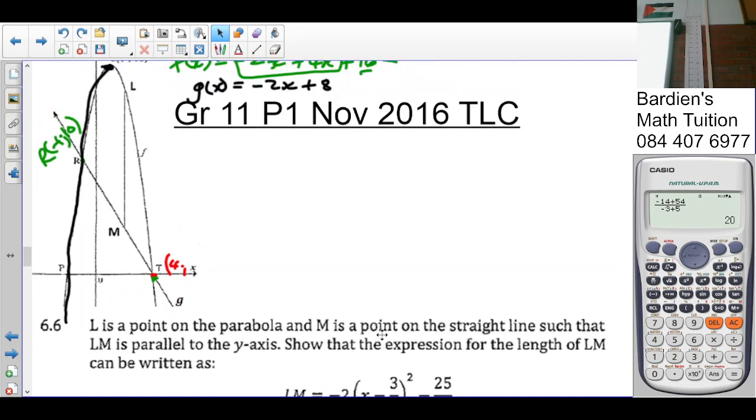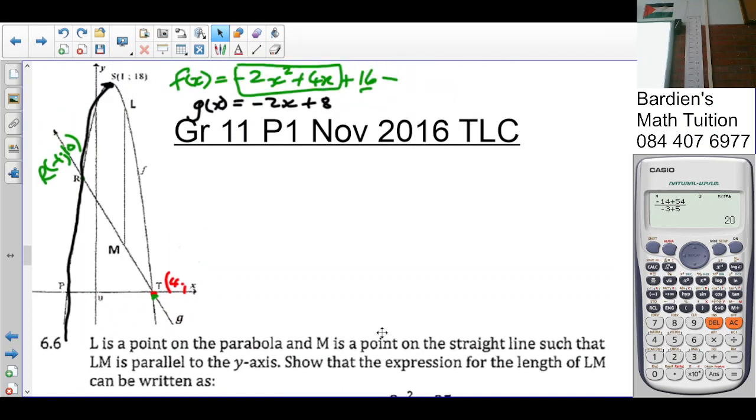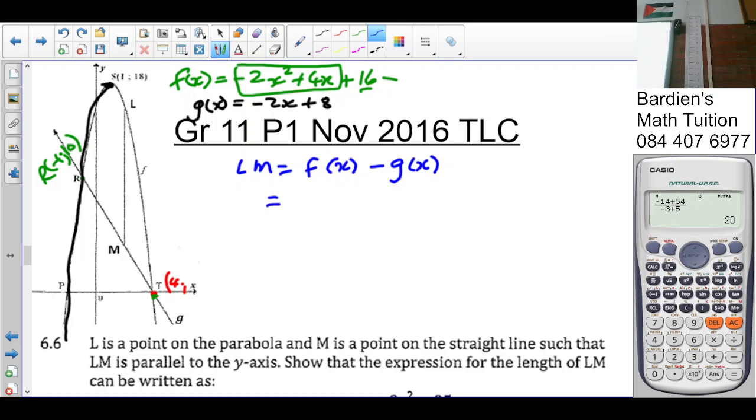Right, so how do we calculate the distance between two graphs? LM is going to be the top graph, which is your f of x, minus your g of x graph. Can you see that? So what is the equation of f of x? Negative 2x squared plus 4x plus 16 minus g of x, which is negative 2x plus 8.